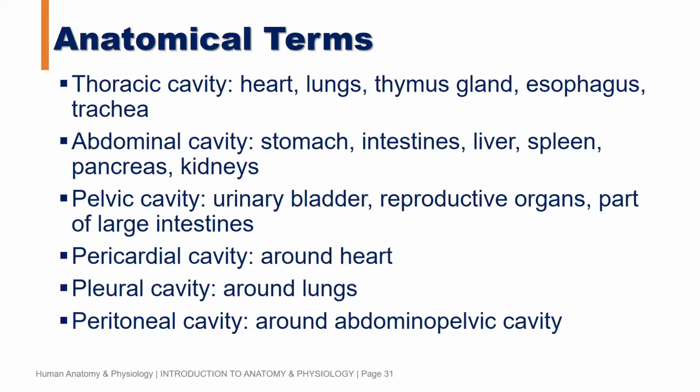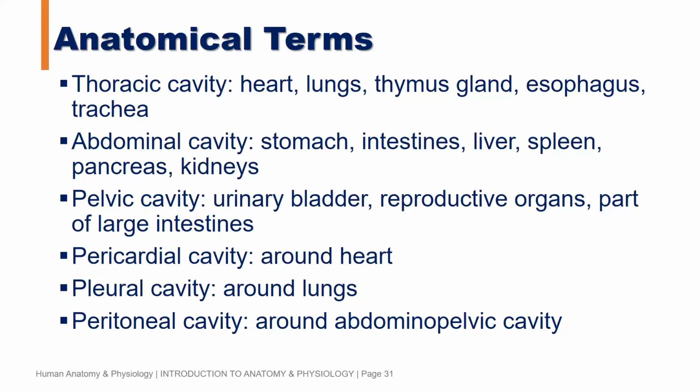Now let's move to the thoracic cavity, composed of your heart, lungs, thymus gland, esophagus, and trachea. Then you have your abdominal cavity, composed of your stomach, intestines, liver, spleen, pancreas, and kidneys.